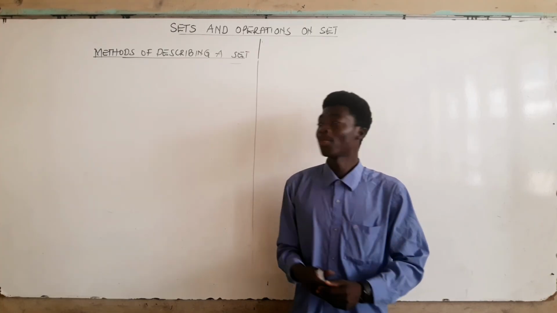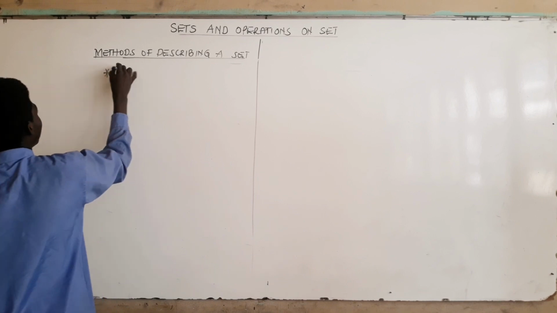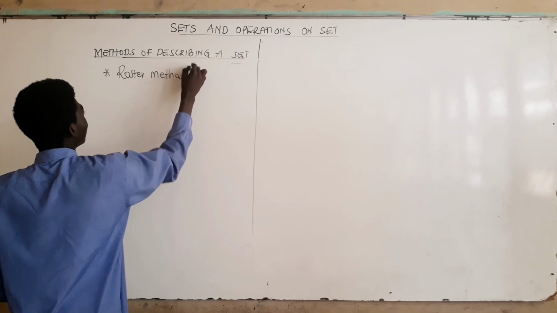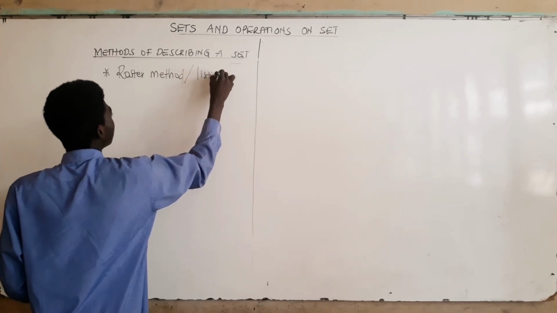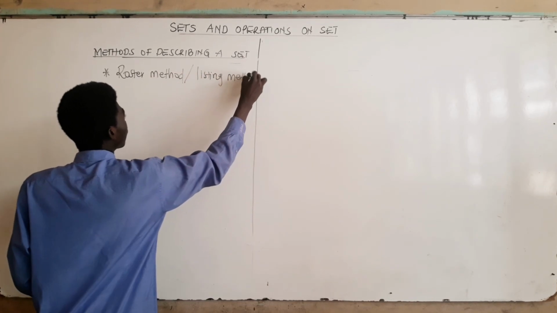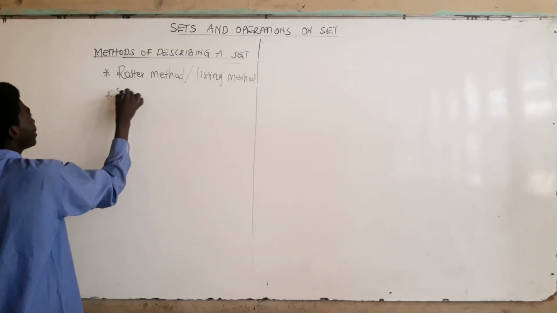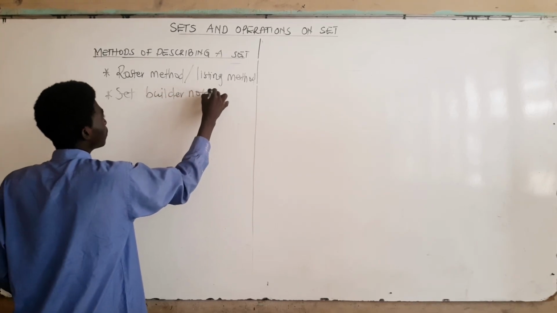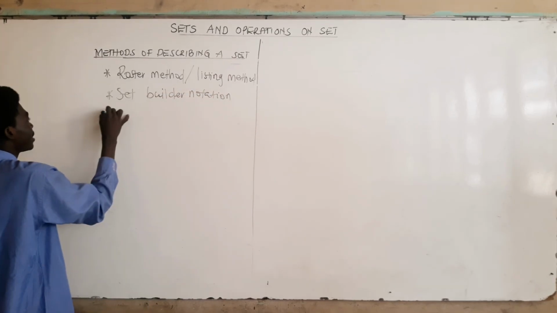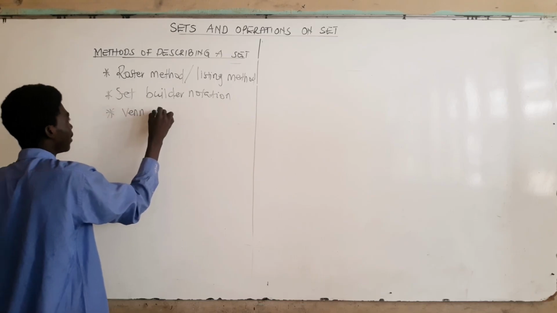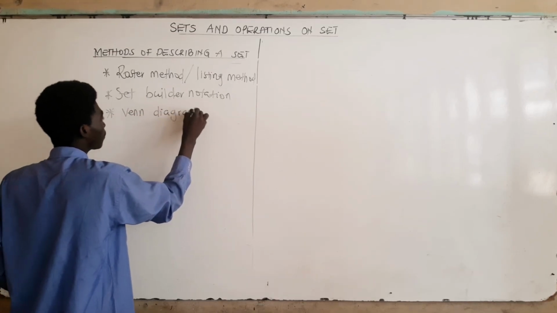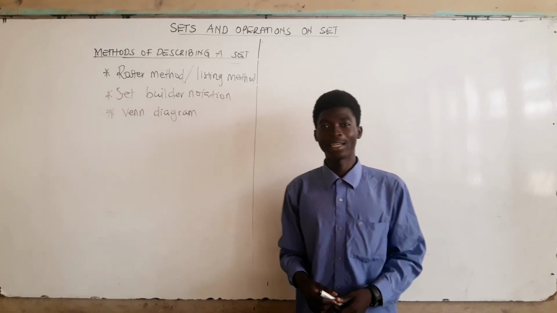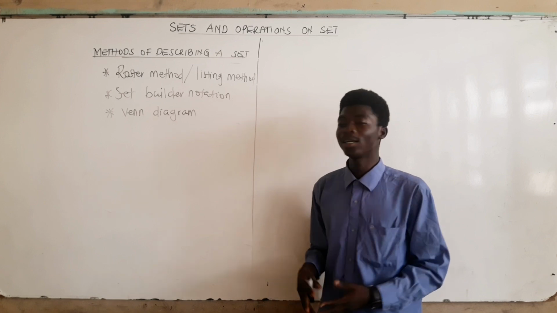These three are the roster method, which is sometimes called the listing method, the second is set builder notation, and lastly, the Venn diagram. So we begin with the roster method.